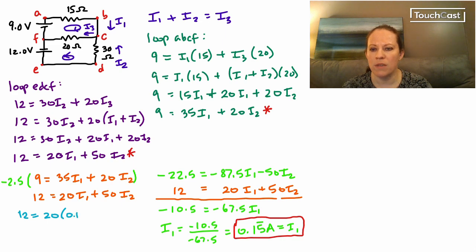So substitute that 0.15 for I1 plus 50 I2, and I will get 12 equals 3.7.